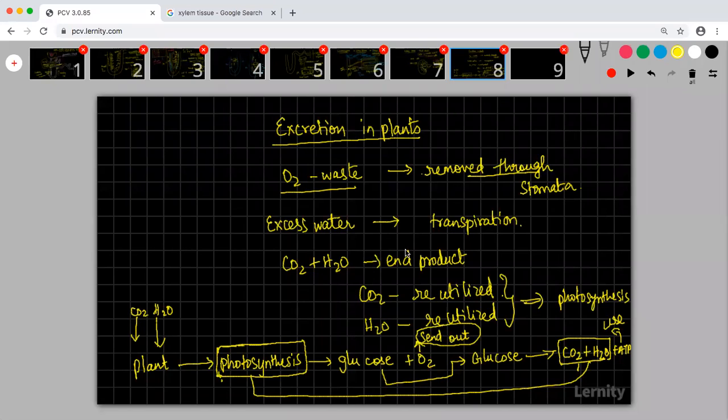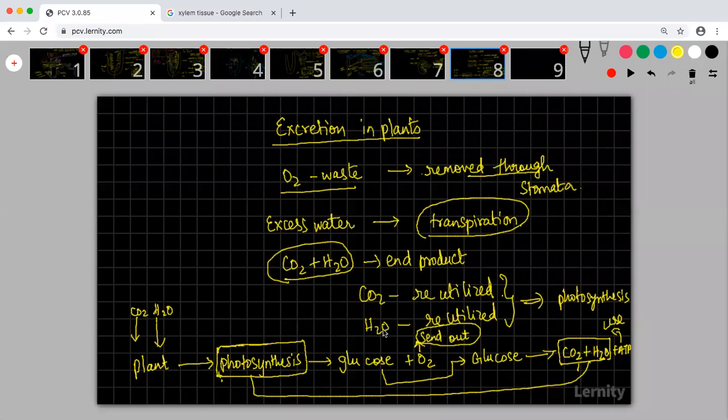If there is excess water, too much water than required, then they will go for transpiration. Whereas if it is carbon dioxide and water, they will try to reutilize it. The amount of carbon dioxide and water produced as a product of respiration will not be sufficient.